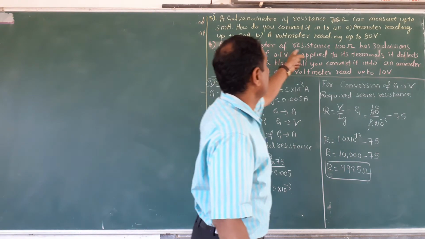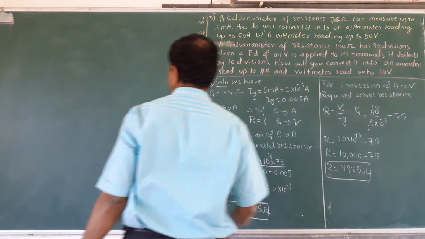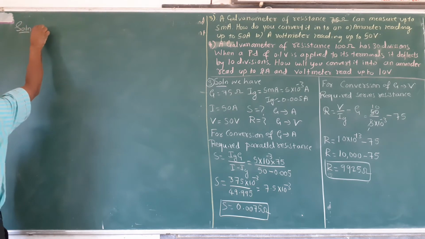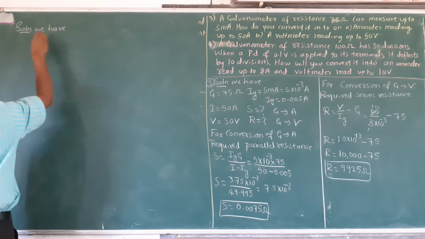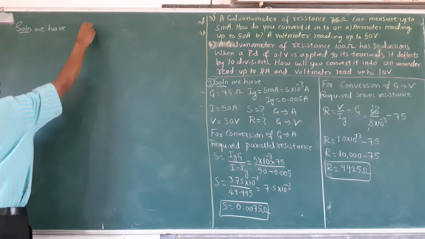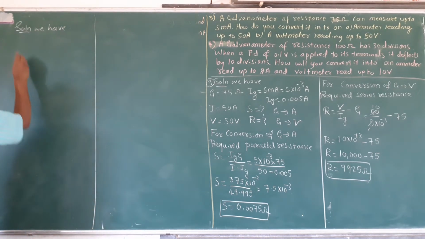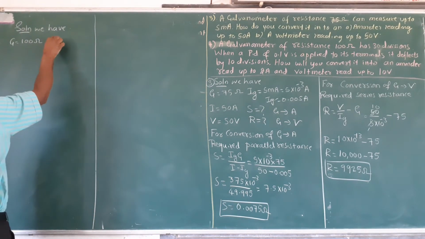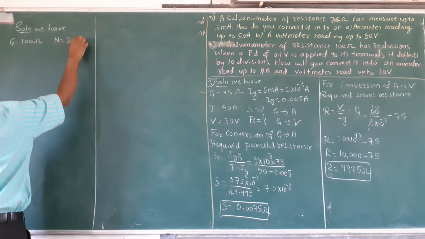A galvanometer of resistance 100 ohm has 30 divisions. N is equal to how much here? 30 divisions.